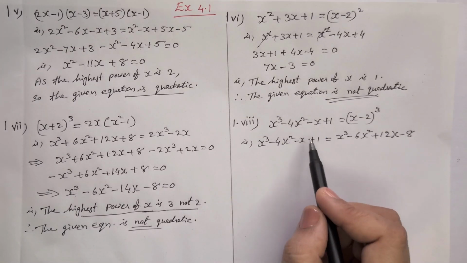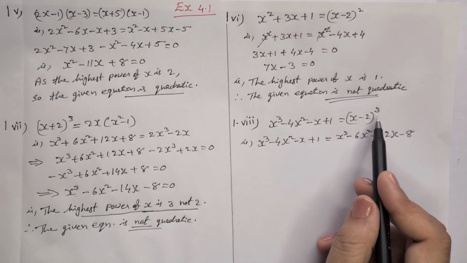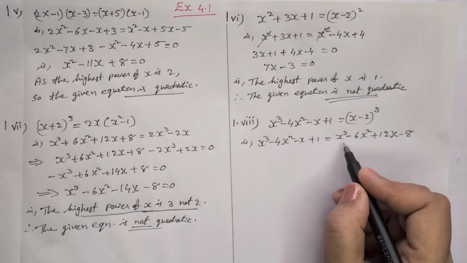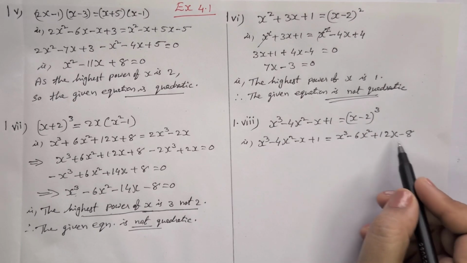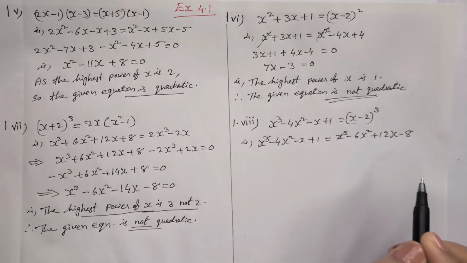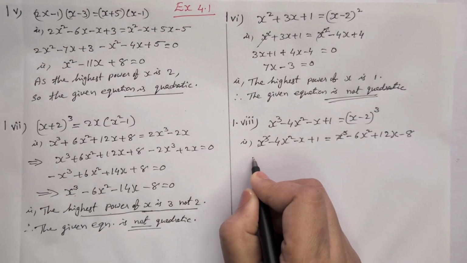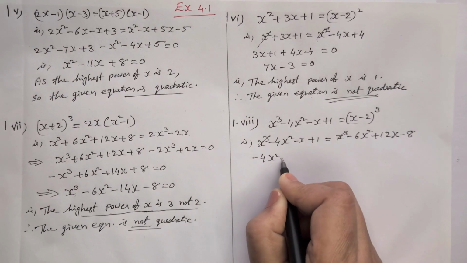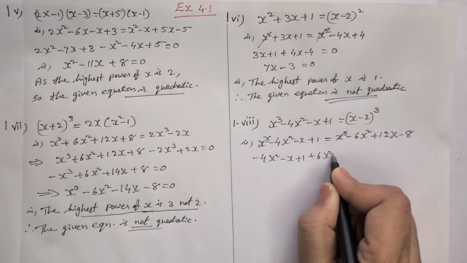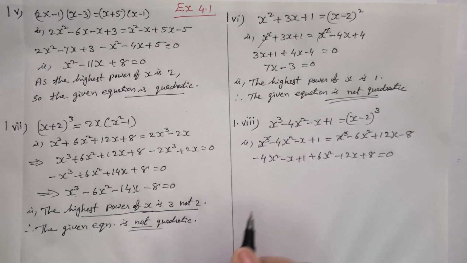Now next one. Here h cube minus 4h square minus h plus 1 is equal to (h minus 2) the whole cube. When we open the bracket, we will get that side as h cube minus 6h square plus 12h minus 8. From here, both sides have the same coefficient of h cube, so we can cancel. Then the remaining terms we can write on the left side: minus 4h square minus h plus 1 plus 6h square minus 12h plus 8 is equal to 0.